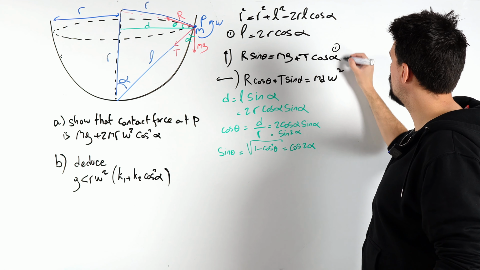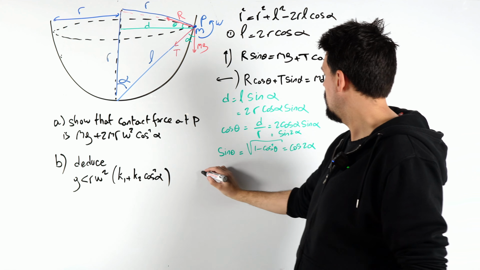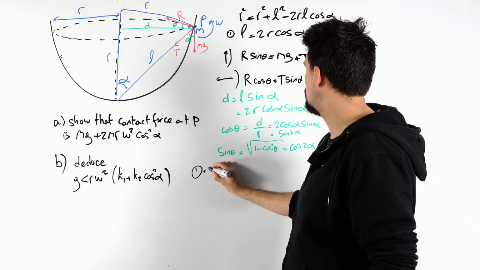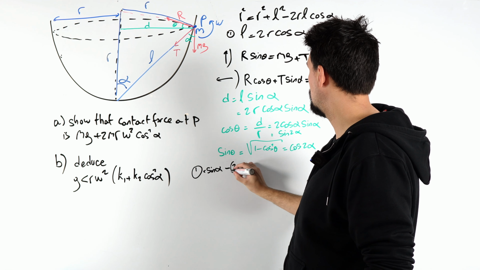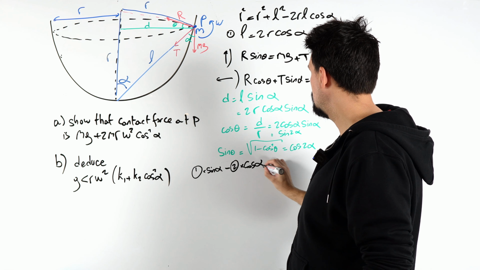All right, call this equation 1, call this equation 2. We're going to do equation 1 times sine alpha minus equation 2 times cos alpha.